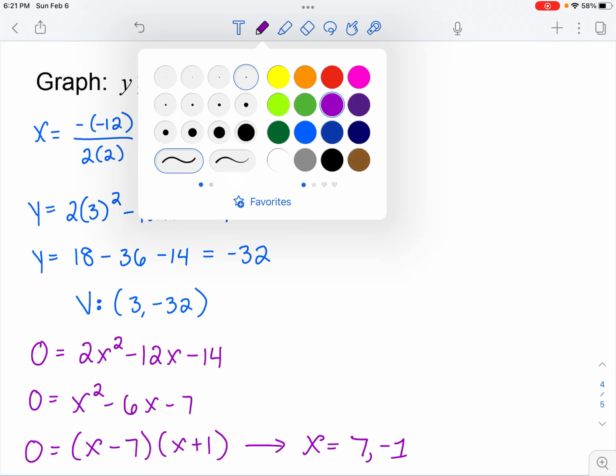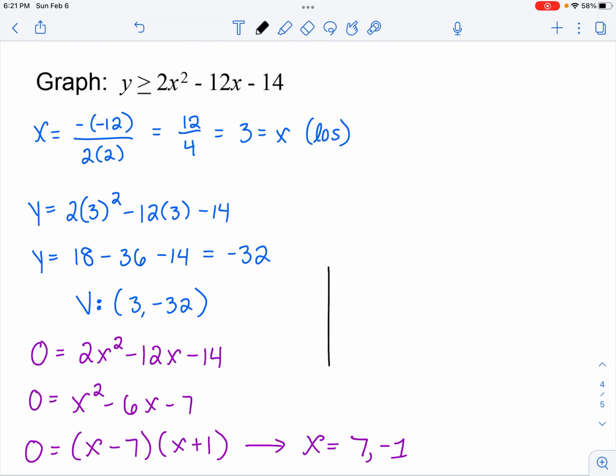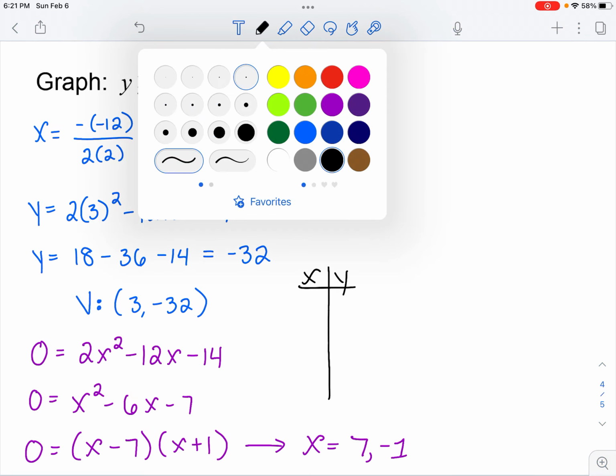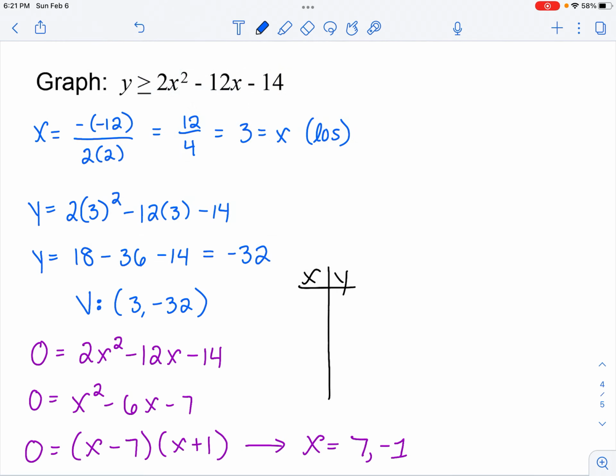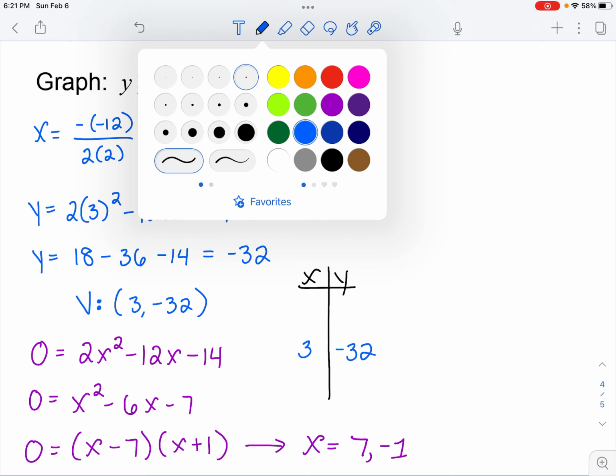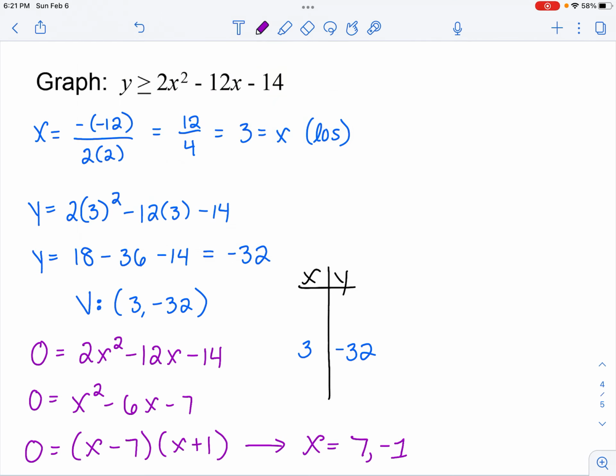All right, so if you think of it like a table, like our XY tables, and again, you don't have to do the x-intercepts, but a lot of the problems we're looking at are easy to factor, and it'll give us a really good picture if we have these extra wide parabolas. Okay, so now I'm going to have 7 and negative 1. Y values are 0. Okay, and it's always easy to plot the zeros because it's right on the x-axis.